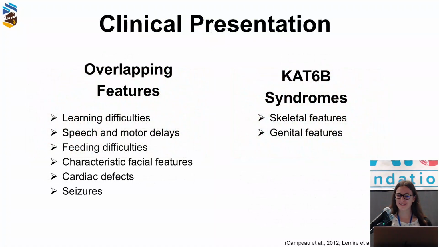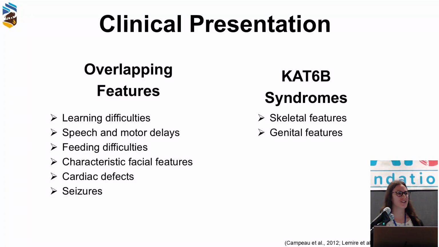As the past presenters highlighted, there are many overlapping features between KAT6A and KAT6B syndrome, such as learning difficulties or intellectual disability, speech and motor delays, feeding difficulties, facial features, cardiac defects, and seizures. In our KAT6B patients, there's also skeletal and genital features.